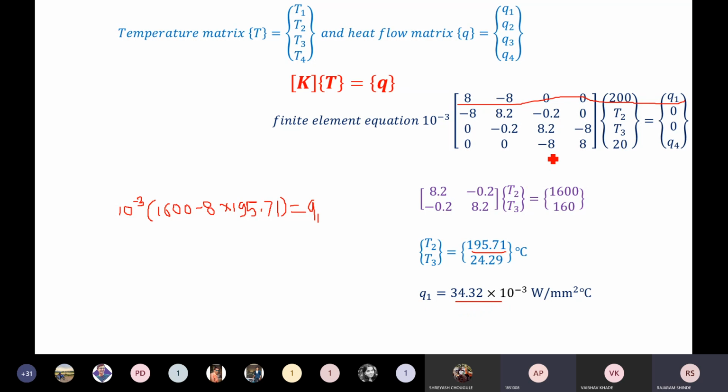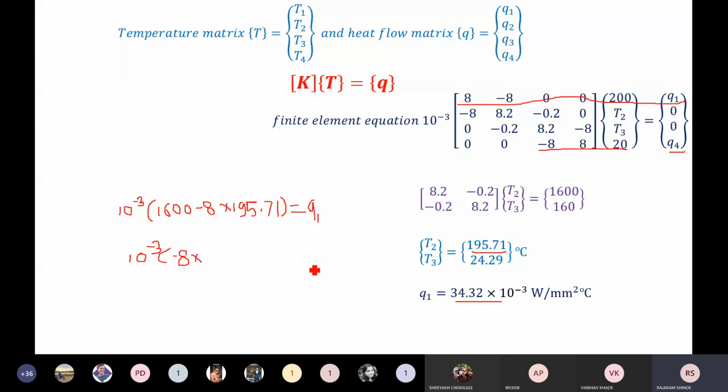Correct. Next, you have to calculate Q4. For Q4, you select the last equation. Now here, 10 raised to minus 3, into minus 8 into T3.